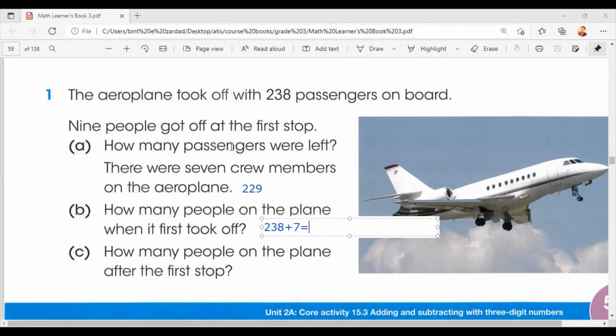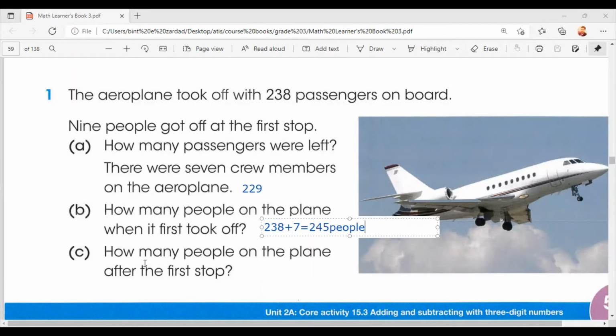We are just talking about passengers. So 238 passengers and 7 crew members. So 38, 39, 40, 45, 245. So 245 not passengers, 245 people are there when it first took off.